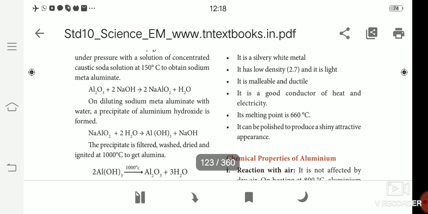Then the last step: the precipitate is filtered, washed, and dried by heating at 1000 degrees Celsius to get alumina. So aluminium hydroxide on heating at 1000 degrees Celsius gives aluminium oxide and 3 H2O.